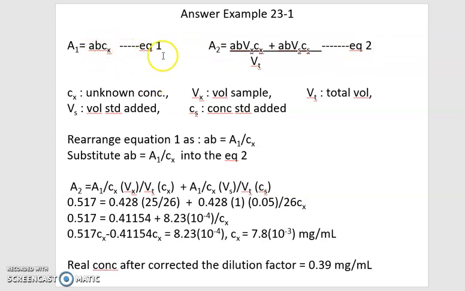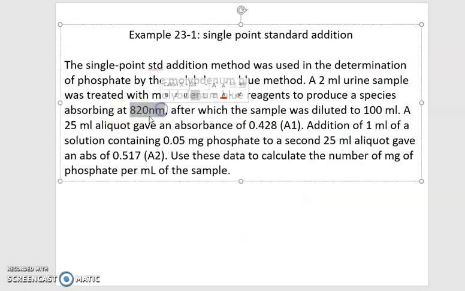The b is the same because they use the same cuvette cell with the same path length. For A, the absorptivity value will remain the same if we use the same analyte, which in this case is phosphate. The absorptivity is also the same because the measurement is taken at the same wavelength, which is 820 nanometer.